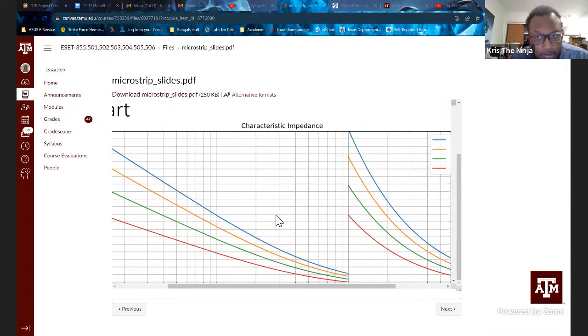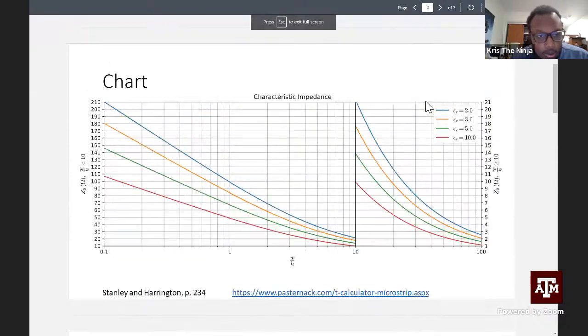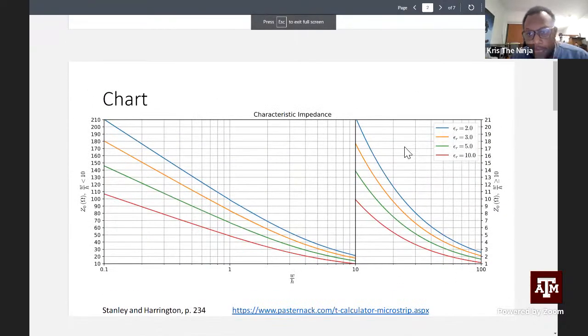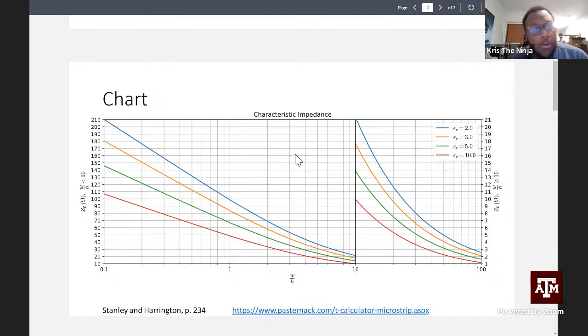Okay, so if you look over here in this region, you can see the different line colors are different. Those are the epsilon R values. With our epsilon R being 1.7, we're going to be following slightly above this blue line.